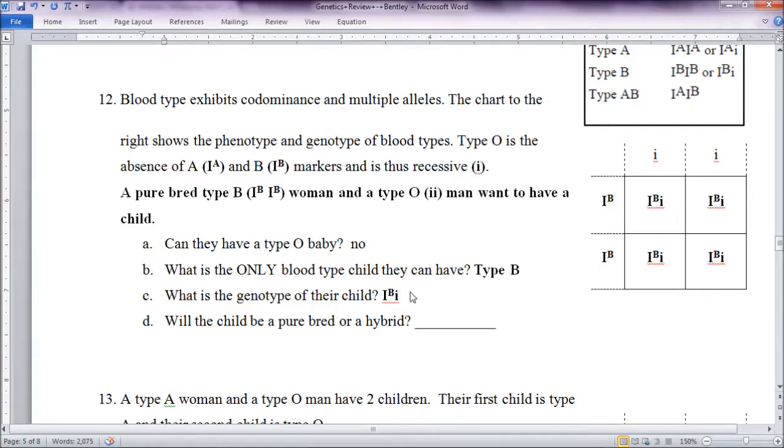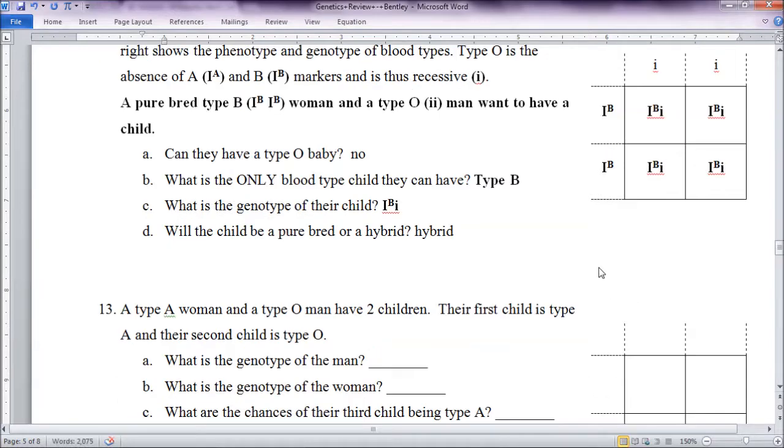So will the child be purebred or hybrid? It is certainly hybrid. It has the information to produce a type O blood, but because that type O blood is recessive, it will not show that trait.